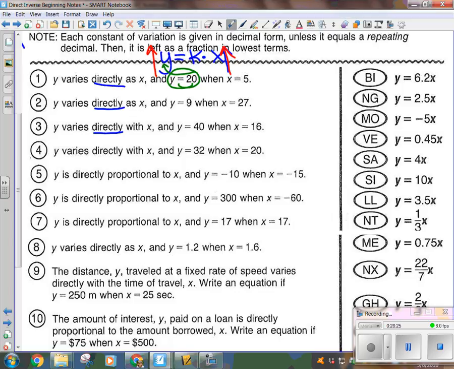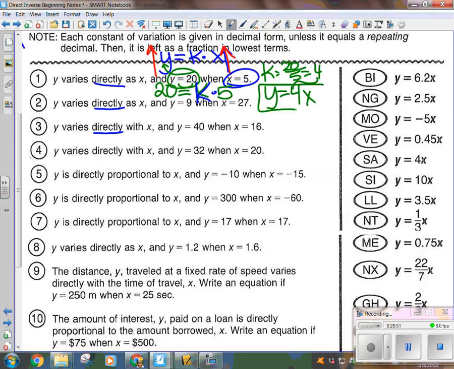I could put 20 equals k times x, and x is 5. How would I solve for constant k? You divide by 5. So what's 20 divided by 5? 4. So if you put it back in there, it's 4 times x, right?